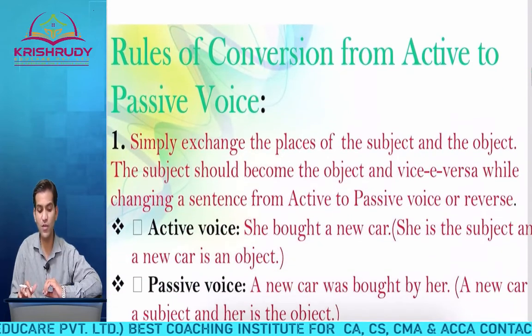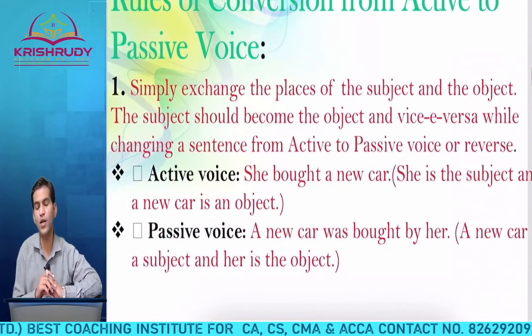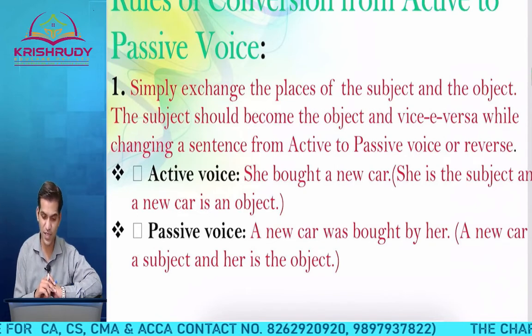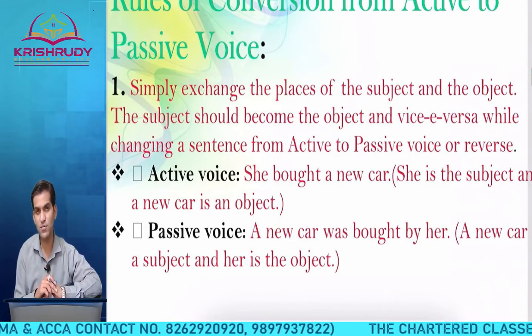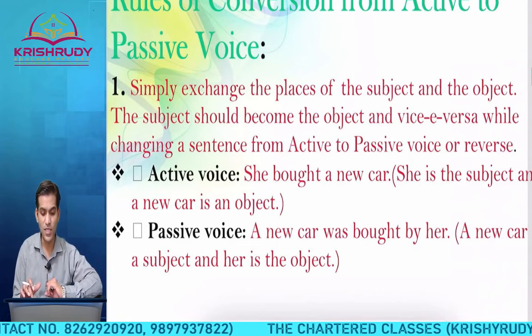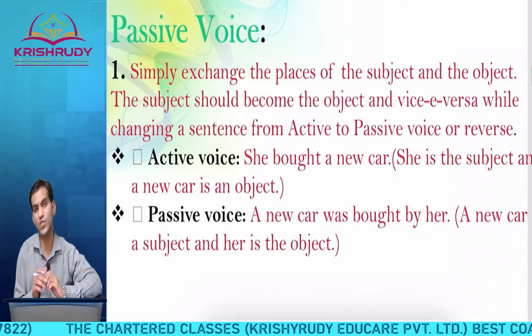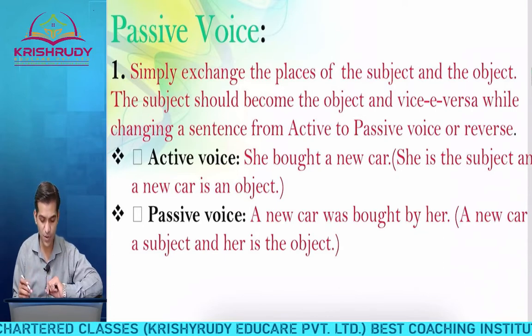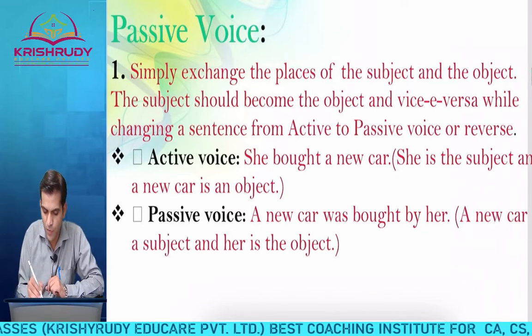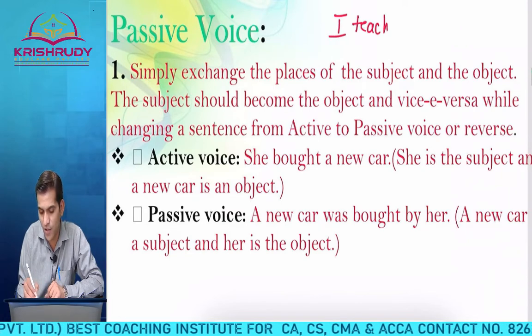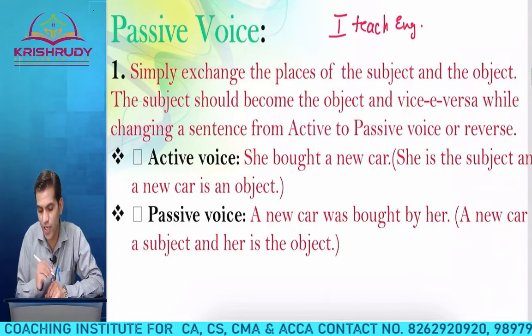Now we have a few rules for converting active sentences into passive and vice versa. Simply exchange the places of the subject and the object. For example, I take the very easy example here: I teach English.